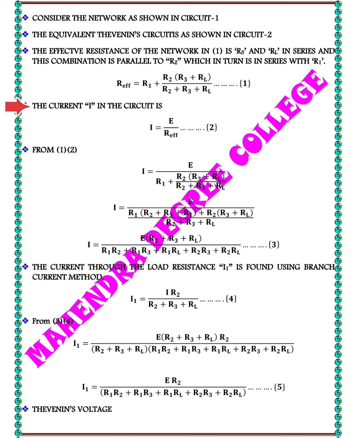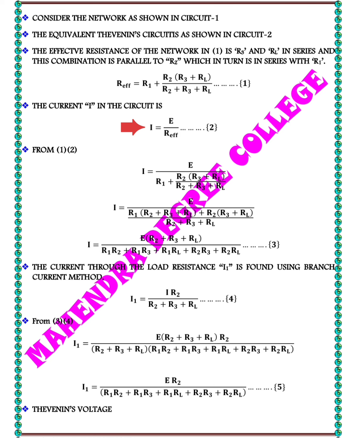The formula for the current driven in the circuit is I equals E by effective resistance, where I is the current, E is the voltage, and R_EFF is the effective resistance. We know the amount of current available from such a source is given by the ratio of the voltage across the voltage source to the resistance of the resistor.